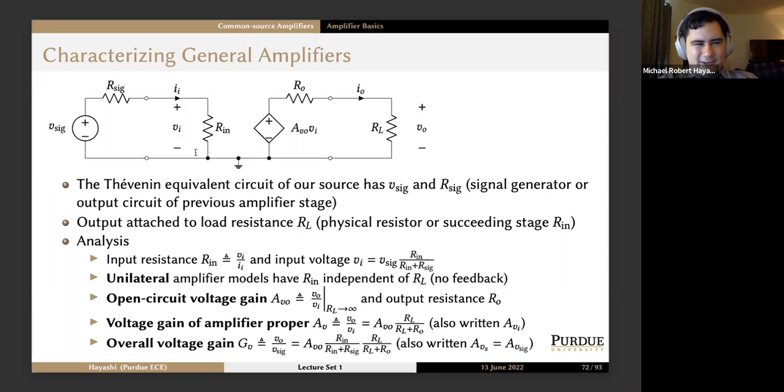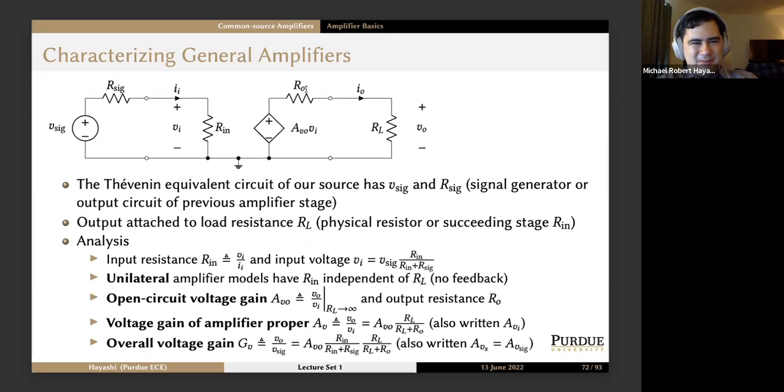This is a unilateral amplifier model, so that basically assumes that the signal flows only left to right. So that means the input resistance should be independent of whatever load resistance we attach. There's no feedback mechanism. We define open circuit voltage gain A sub VO as VO over VI when the load resistance goes to infinity.